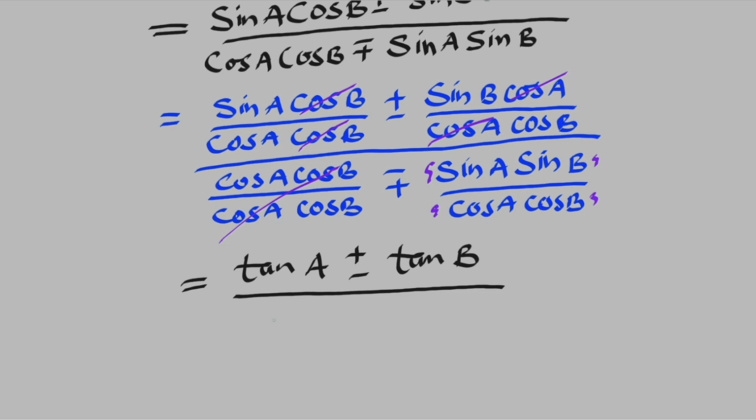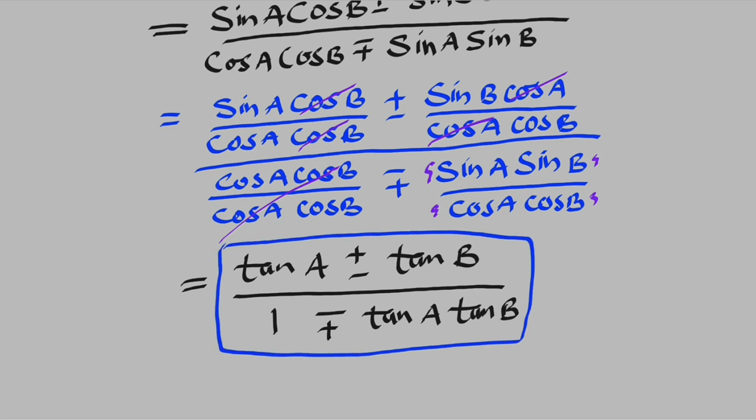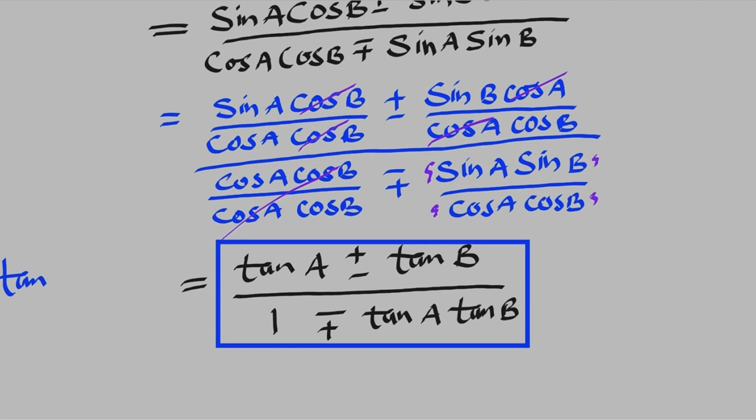We have only 1 minus or plus sine A over cos A, which is tan A, multiplied by sine B over cos B, which is tan B. This is tan(A plus or minus B).